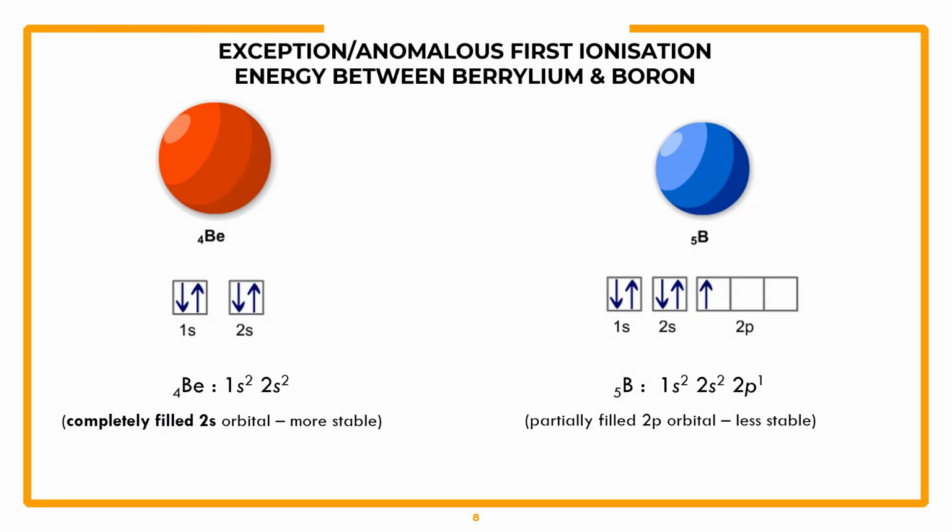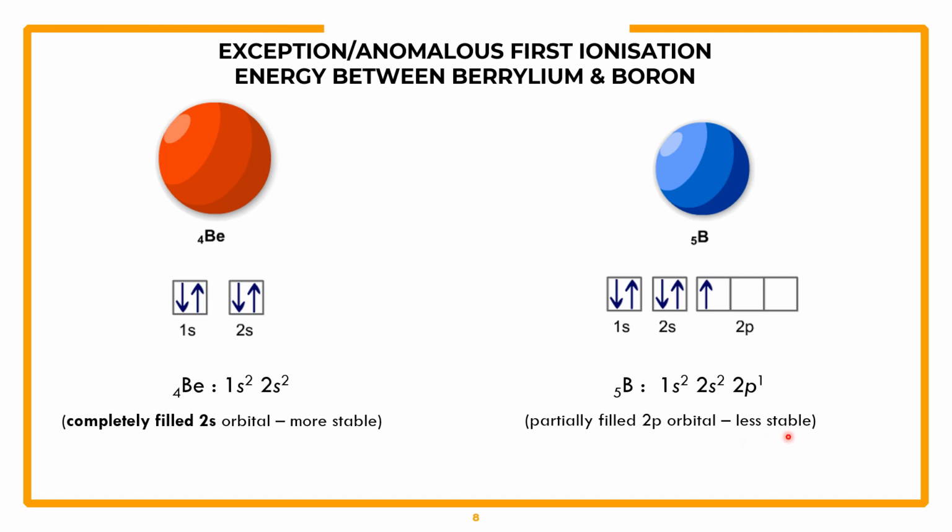So this is the orbital diagram between beryllium and boron. Okay, so you can see that we have 1s2, 2s2. So this orbital dah pun mencapai stability, okay, due to the arrangement yang kita panggil sebagai completely filled 2s orbital. Dan untuk boron, okay, kita ada one or single electron in this 2p orbital. So this arrangement is said to be partially filled 2p orbital. And this arrangement is less stable.